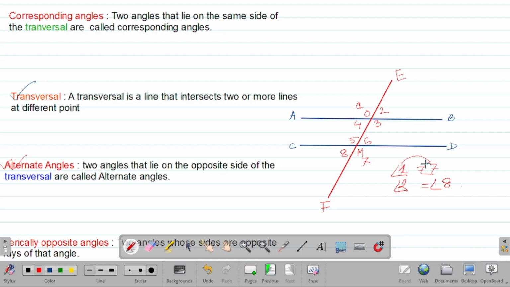This pair of angles is on opposite sides of the transversal, and angle 2 and angle 8 are also two angles on opposite sides of the transversal. That's why we can say this pair of angles are called alternate angles.